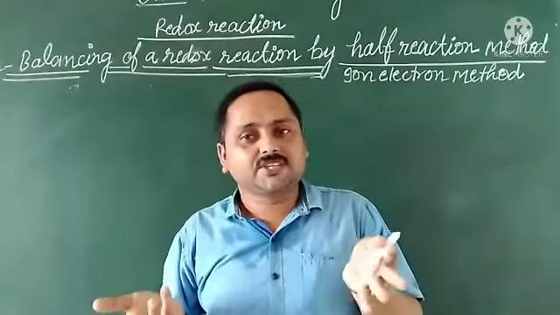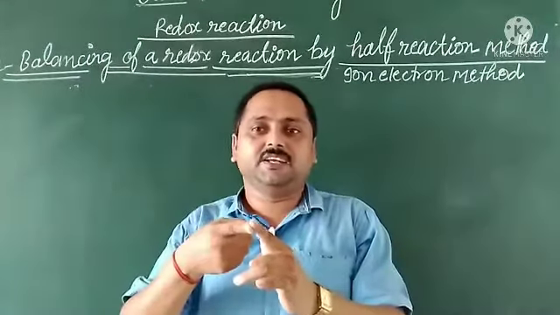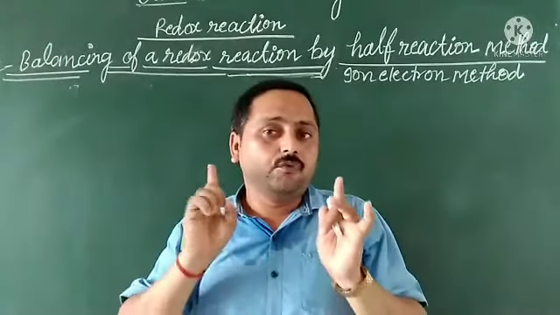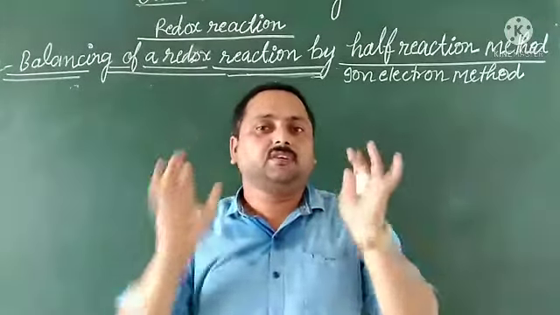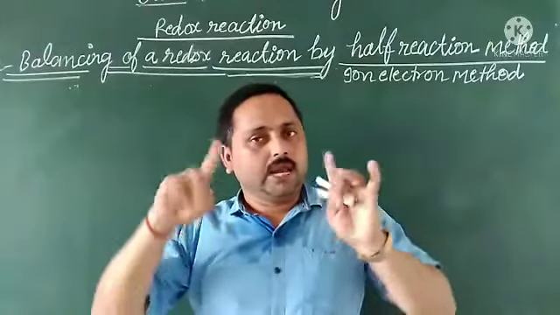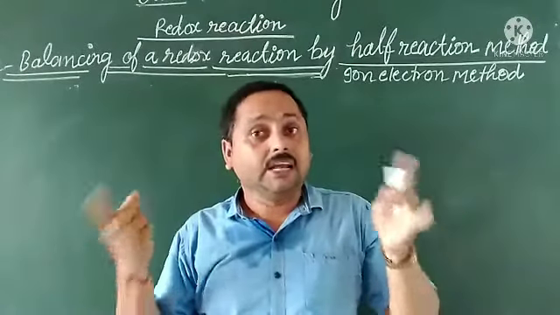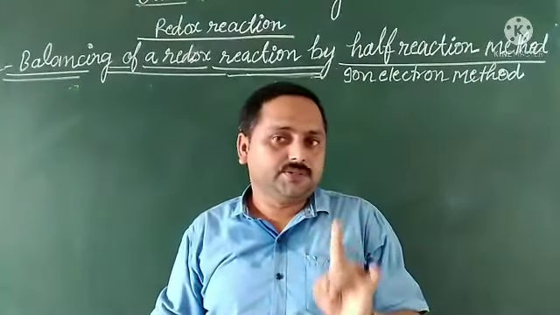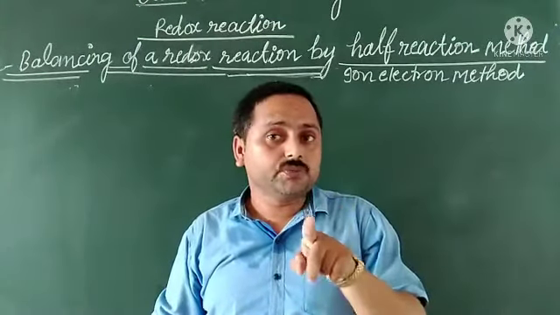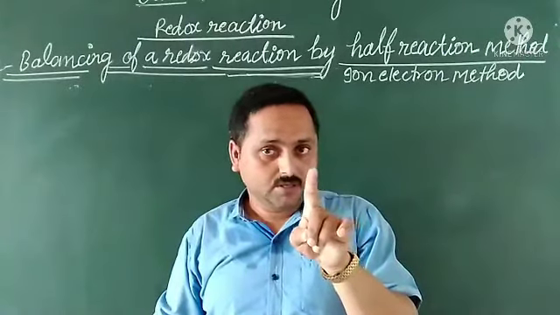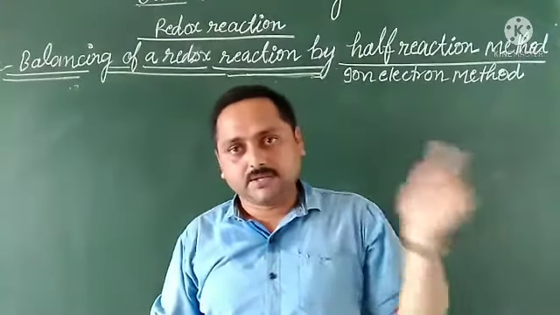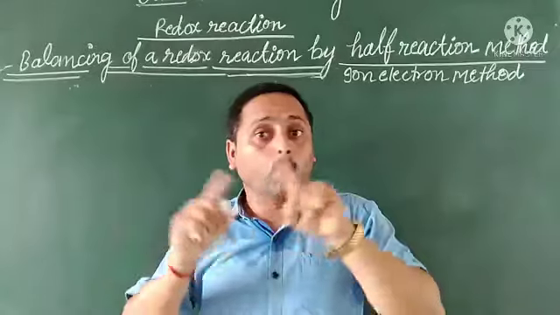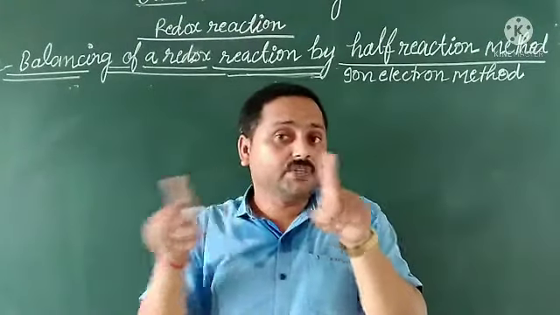At last, we add both half reactions and we get the fully balanced equation. In acidic medium we use H plus; if the reaction is in basic medium, we use OH minus to balance hydrogen.